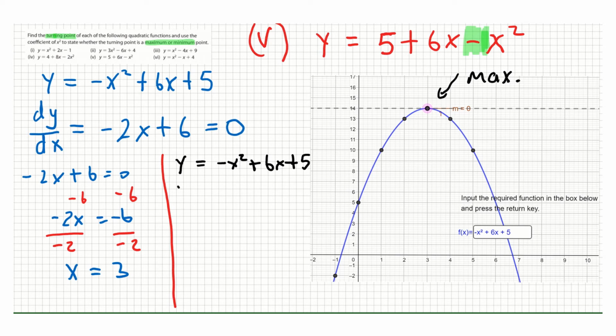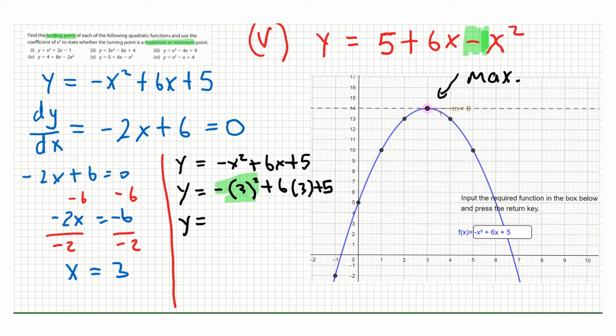to find its value. Minus 3 squared. Now it's important to substitute this in correctly in your calculator. If you put that minus inside the bracket, it will not work out.